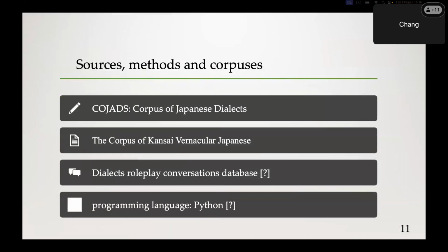The data I have at my disposal at the moment are COJADS, the corpus of Japanese dialects, and the corpus of Kansai vernacular Japanese, which is based on interviews conducted with people living in the Kansai region. I would also like to get access to data from the Dialects Role-Play Conversation database.